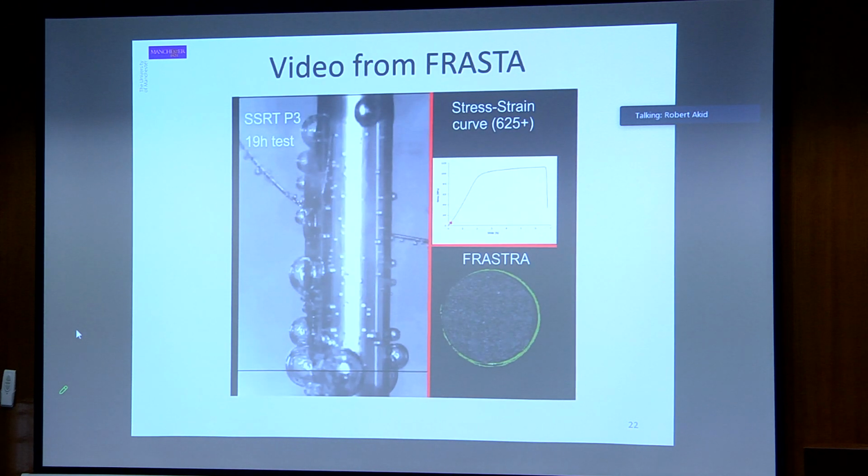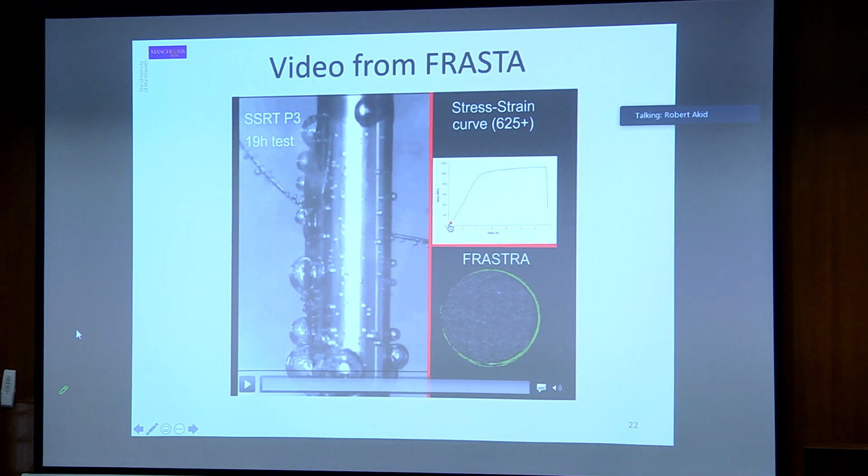And this is an example of, on the left, the nickel alloy sample in the solution. Hydrogen's bubbling away from this. We have an area that's exposed, and on the right we have the stress strain curve developing, and then on the bottom we have the FRASTA showing where the crack is.